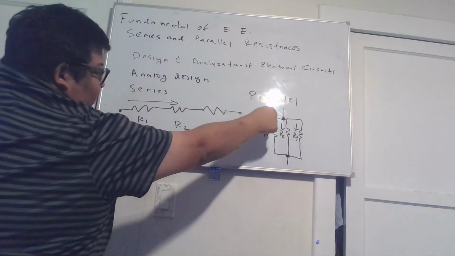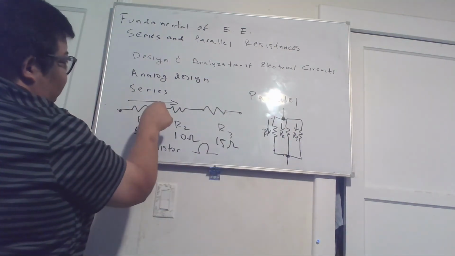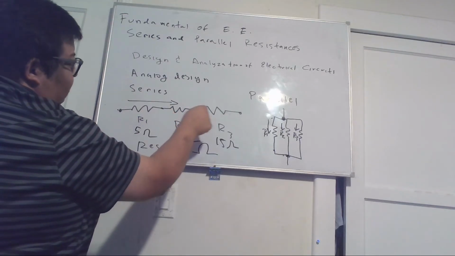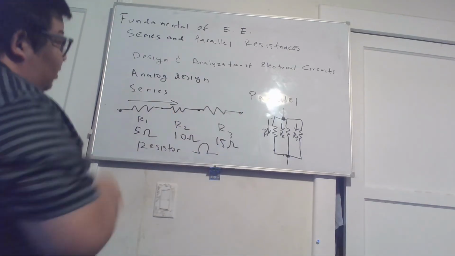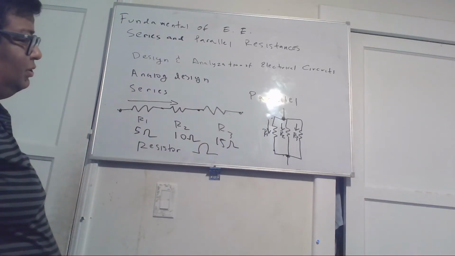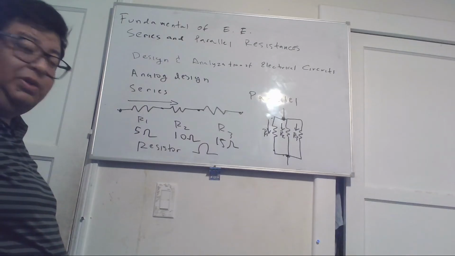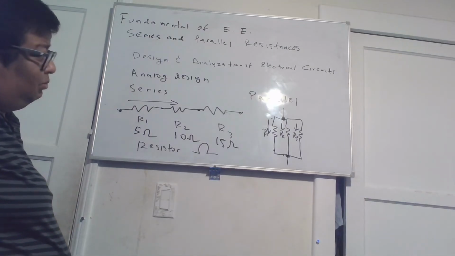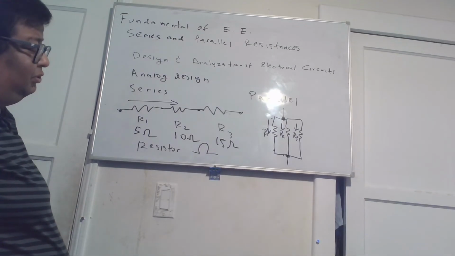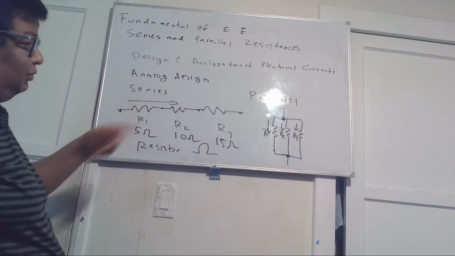In this case, from here to here, from here to here, from here to here. So keep this in your mind. These basic models for resistors, for resistances, because you're gonna use them.